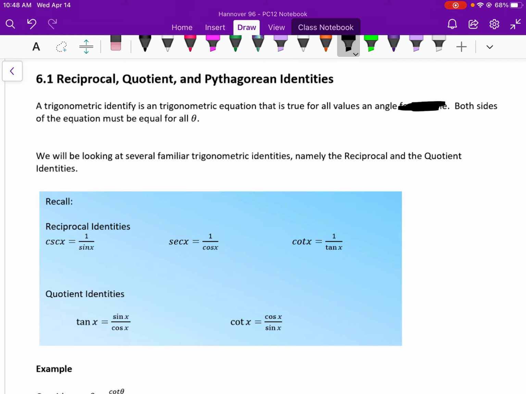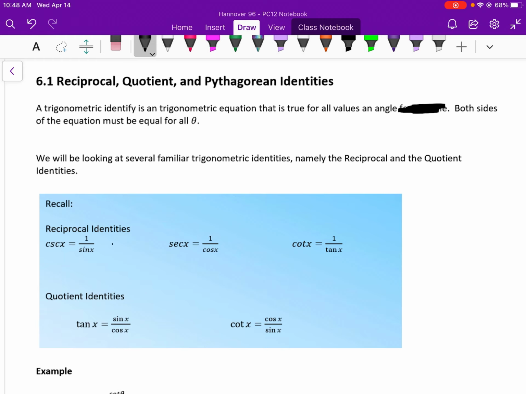So we know already some trigonometric identities, and they're called the reciprocal and the quotient identities. So, for instance, cosecant x is equal to 1 over sine x for all angles x.